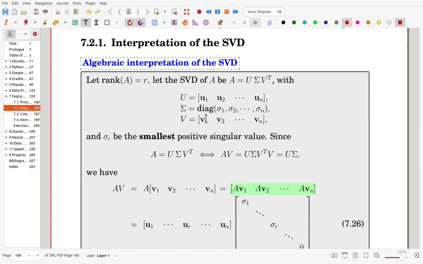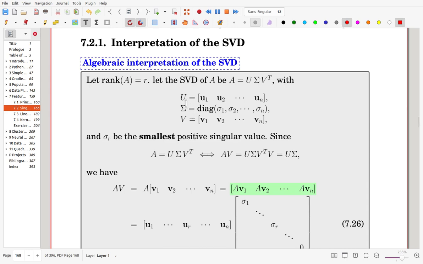Now let's consider a little bit around the interpretation of the SVD. Here let the rank of A be r, and the SVD of A is given as U sigma V transpose.